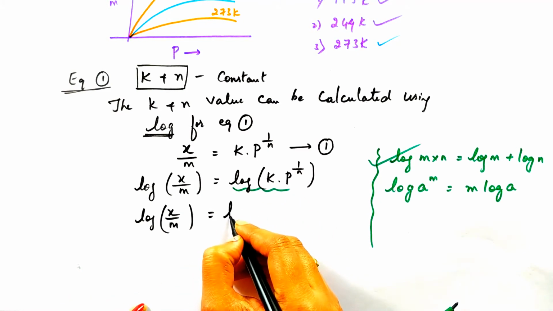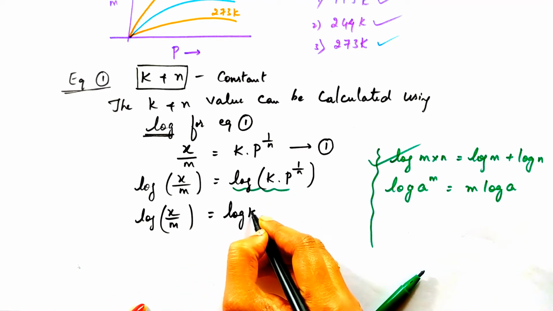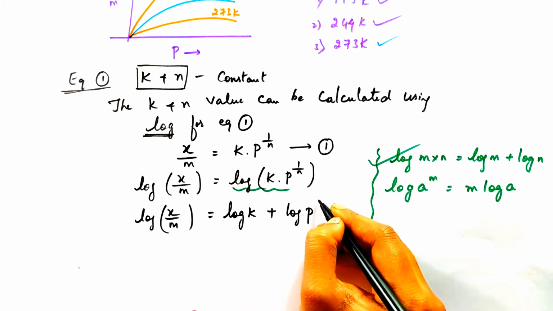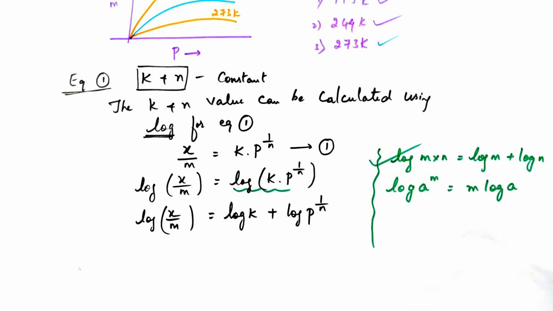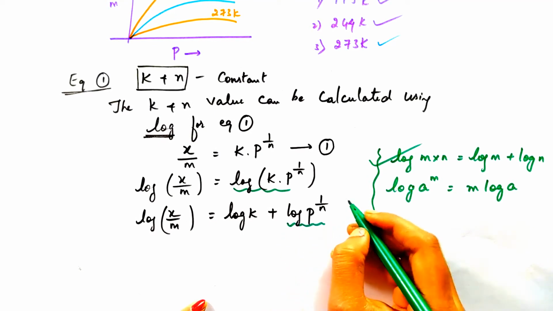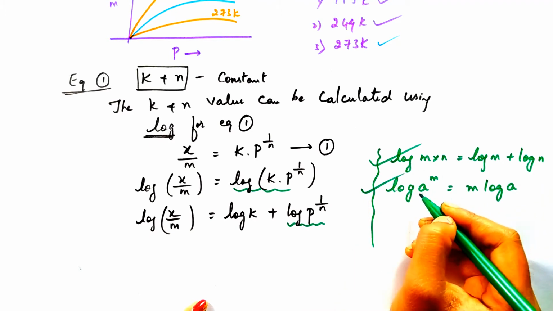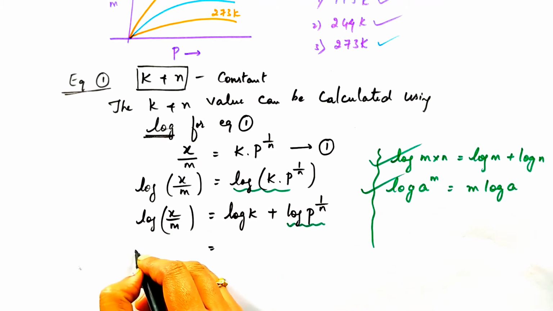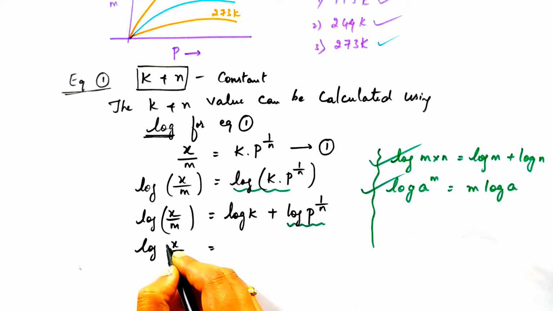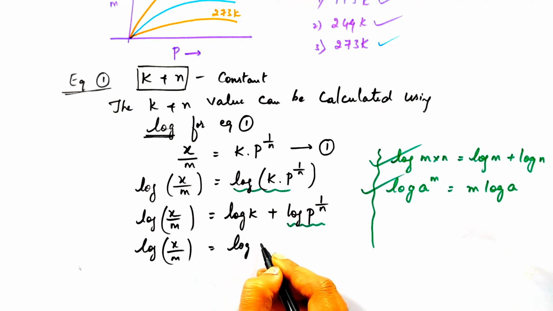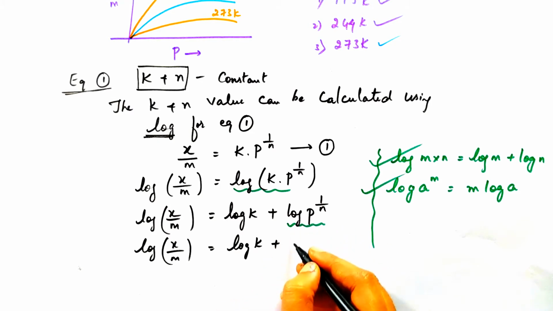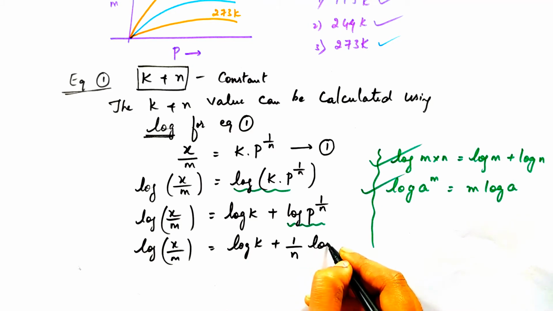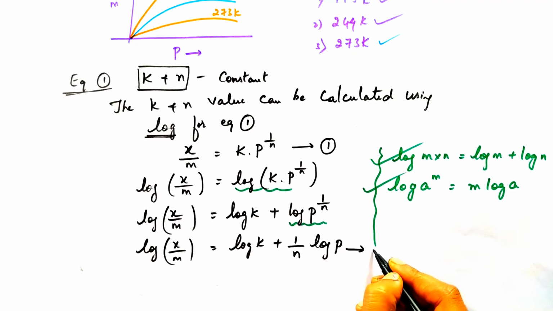Therefore, we can write it as log K plus log P to the power of 1 by N. And again, log P to the power of 1 by N is in the form of log A to the power of M. So in the next step, we can write it as log x by m is equal to log K plus 1 by N log P. This we call equation 2.